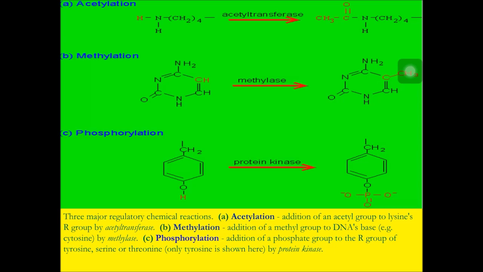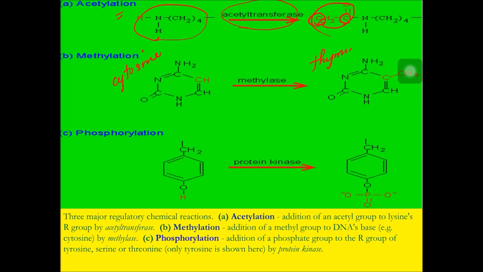So, for example, in transfer of acetyl group, we have here the given substrate in which after the acetylation reaction, there is addition of acetyl group. And remember, acetyl group is a carboxyl substituent having 2 carbons. So, 1 and then 2. Next, for methylation naman, you expect here that there is addition of methyl group, like for instance, from the nitrogenous base cytosine, that through methylase enzyme, nagiging thymine siya.